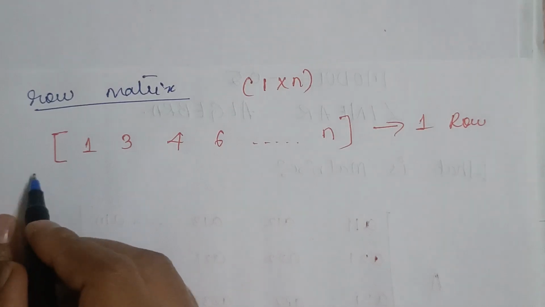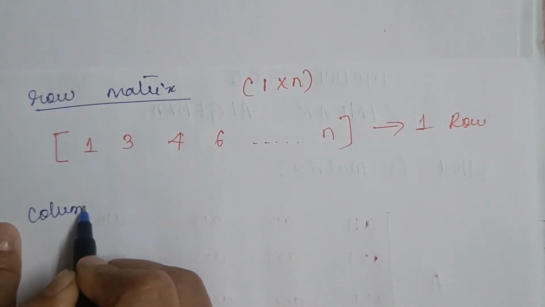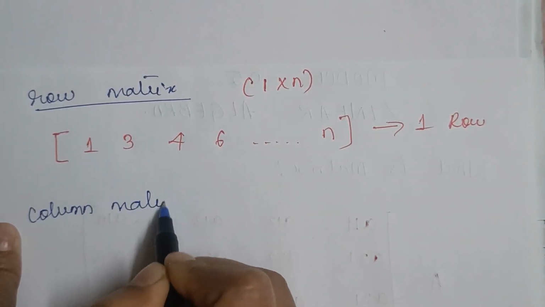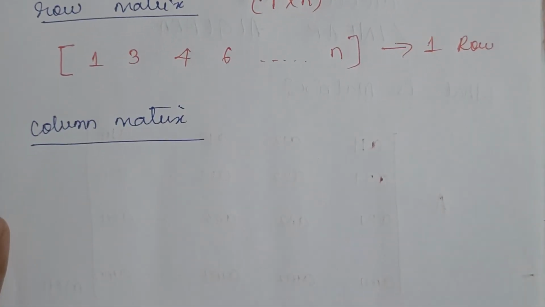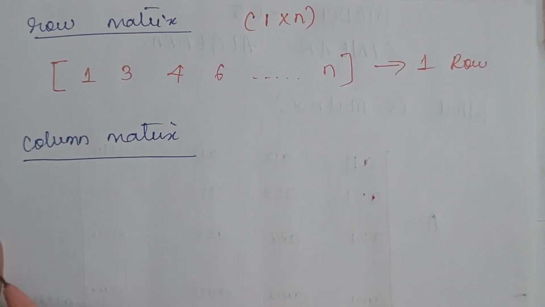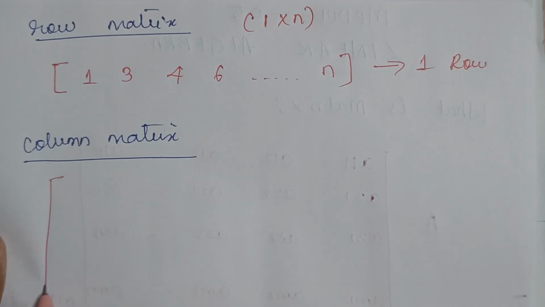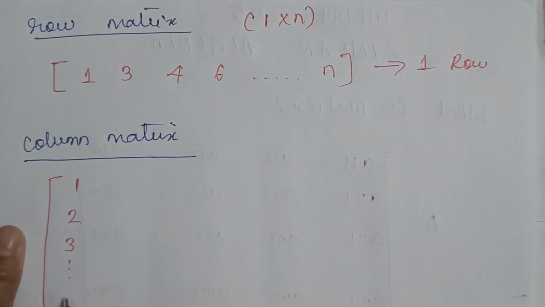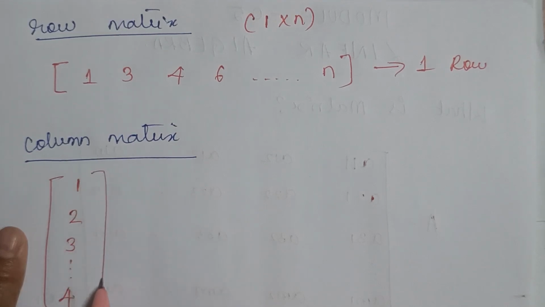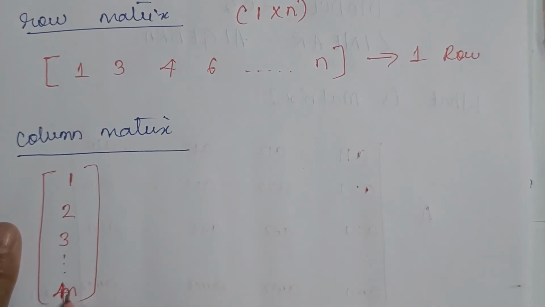And there is something called a column matrix too. In a column matrix, there could be multiple rows, but only one column. Let me consider it as m only, otherwise it will be confusing.